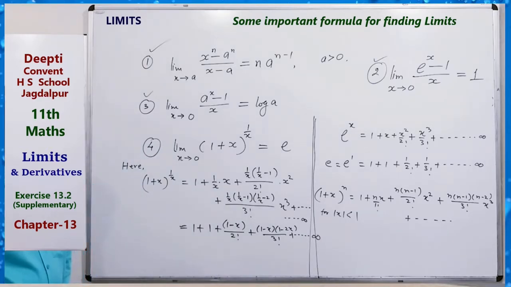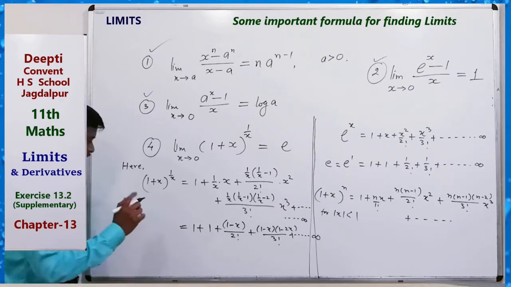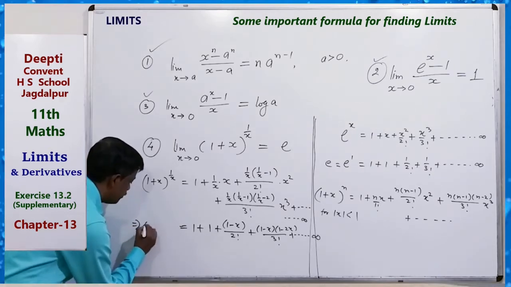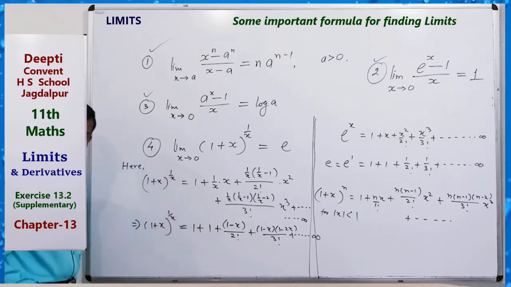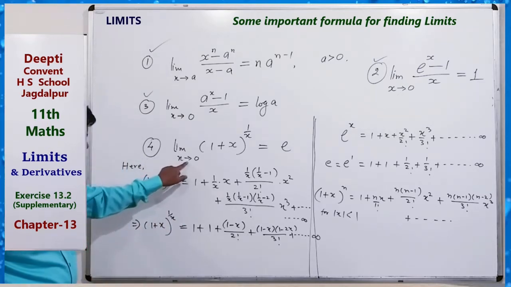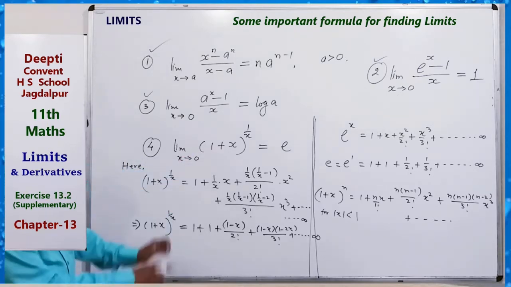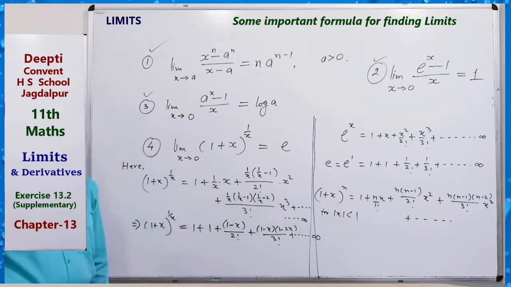Okay, now this is (1 plus x) to the power 1 by x. Now for its limit as x tends to 0, you can put x equals 0 here.